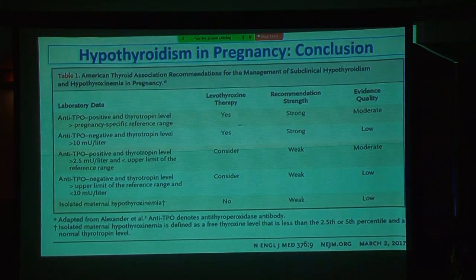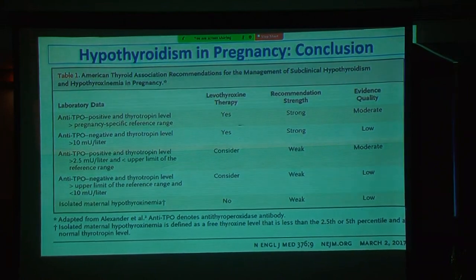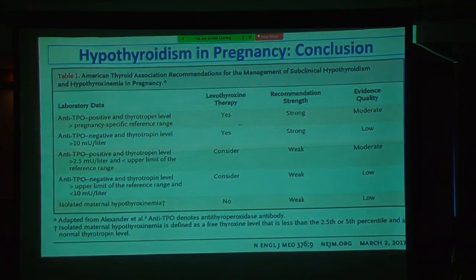Whenever you are treating, treat with a full dose. And always ask for anti-TPO antibody when the TSH is between 2.5 to 10. Thank you.